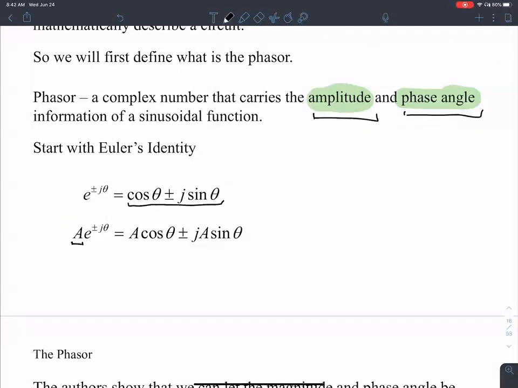If there is an amplitude A associated with it, then A times e to the plus or minus j theta is A times cos theta plus or minus j A sine theta. This part is called the real part, and here is the imaginary part of the complex number.